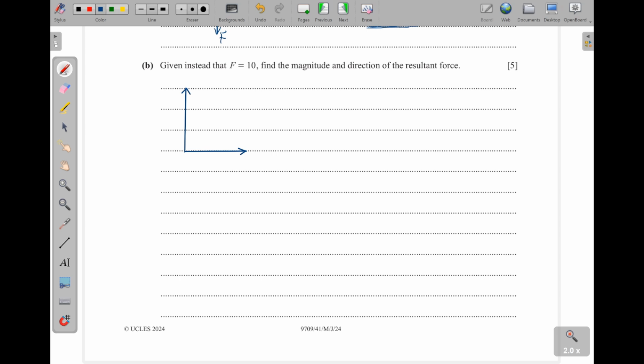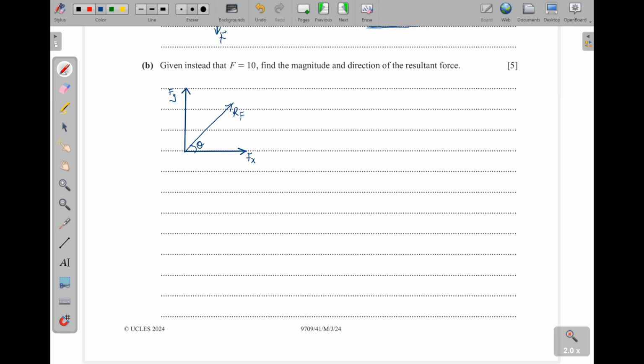So we shall have our Fx here, the resultant in x. Then there is Fy here. You can use Ry, you can use Rx, and then the resultant has to be here, which is the resultant force altogether. So we need to know the angle it makes with the horizontal.